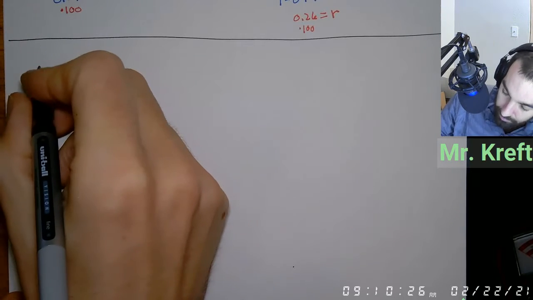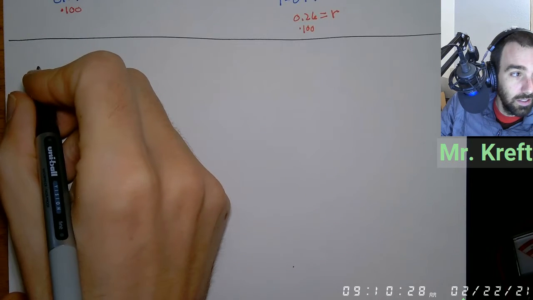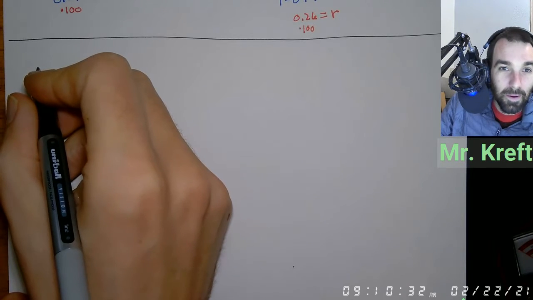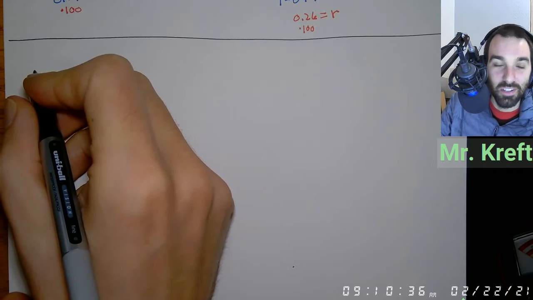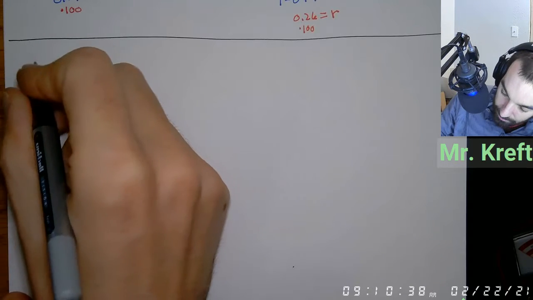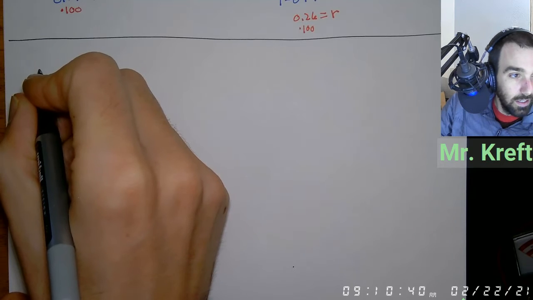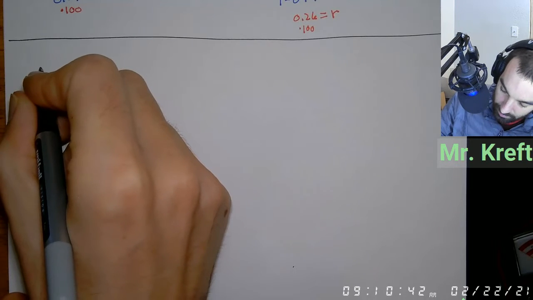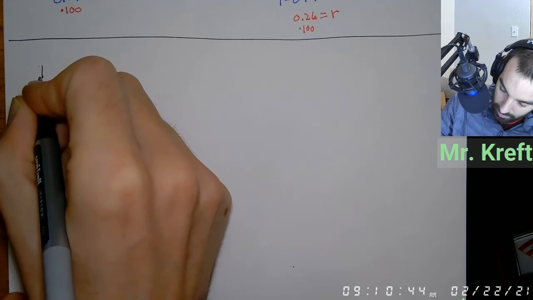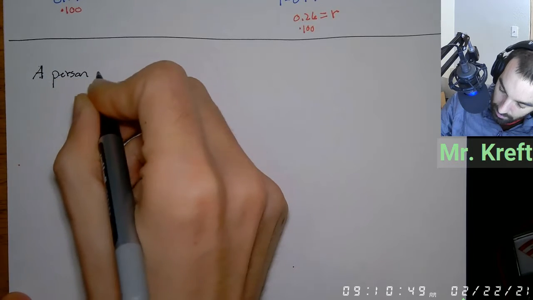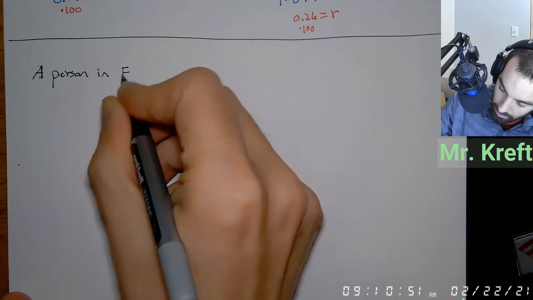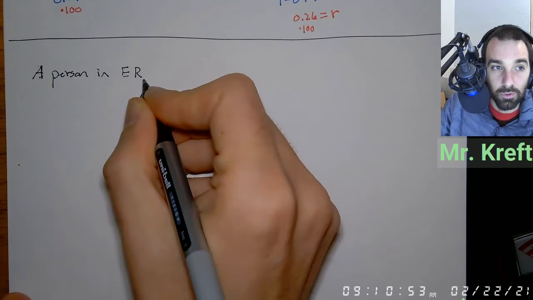So let's say there is, man, I'm trying to think of, I don't want to use scientific words because we don't all know the scientific words. Okay, so let's say a person in ER, and ER stands for emergency room.